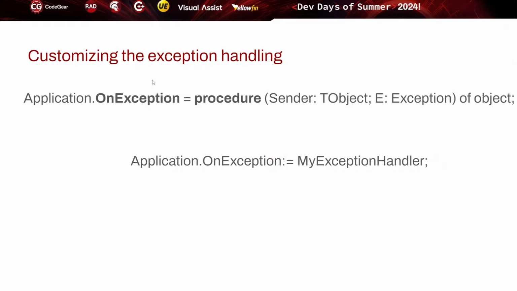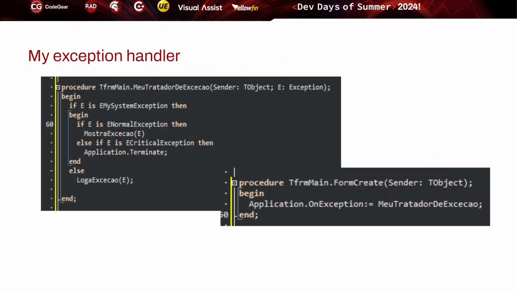So customizing all exception handling, the simple approach is to change the OnException on the application, and we can have, as I told you before, a very specific handling here where we choose either by the kind or by the class of the exception that we receive as a parameter.